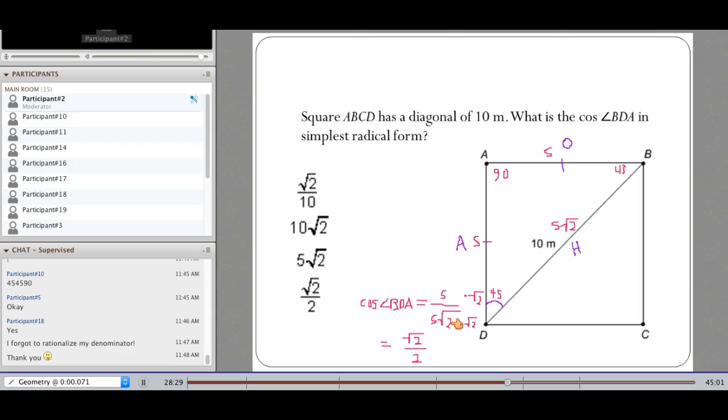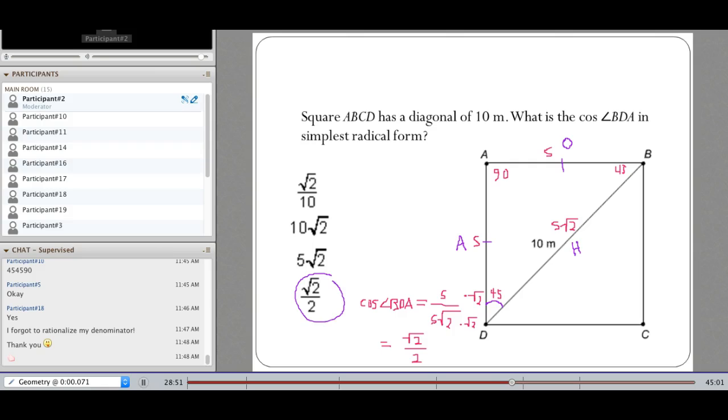Remember, it's not correct math protocol to leave a radical in the denominator, or a square root. That's another word for radical. So you have to multiply both the numerator and the denominator by that radical, and then it moves it up to the top. So yep, very good. D is the correct answer here.